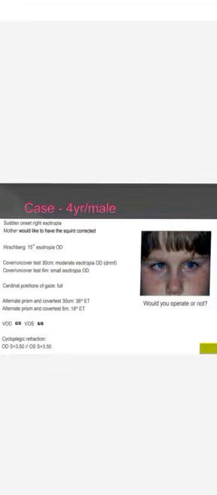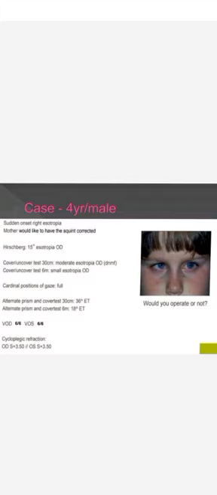Here is a given case: a 4-year-old male child, sudden onset right esotropia, mother would like to have a squint correction. Hirschberg is 50-degree esotropia in OD. Cover and uncover test at 30 cm: moderate esotropia OD, and at 6 m: small esotropia OD.